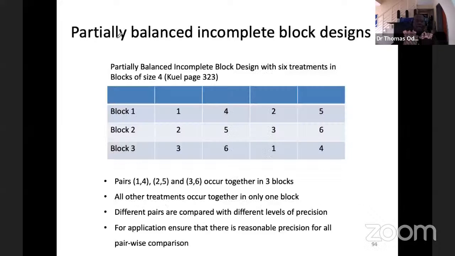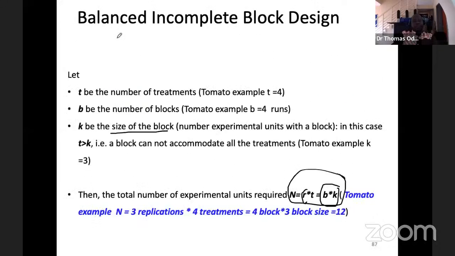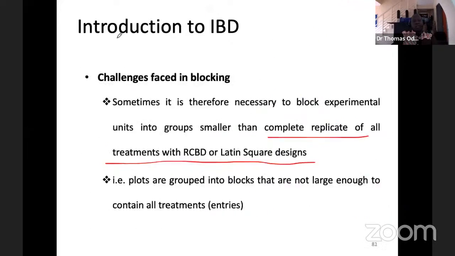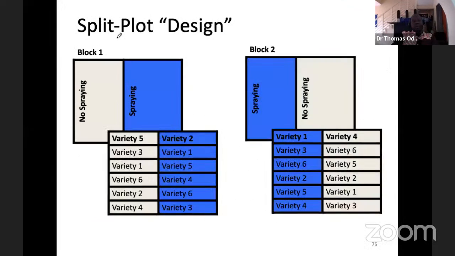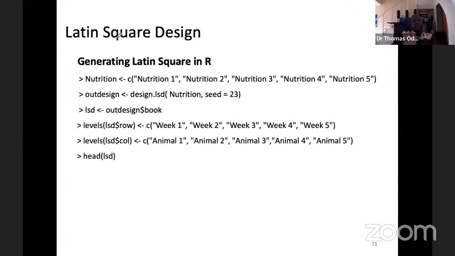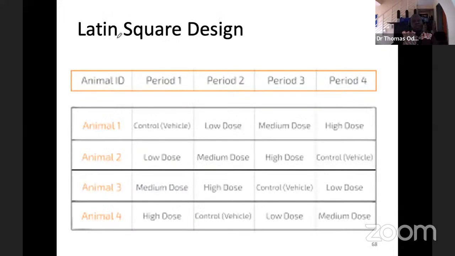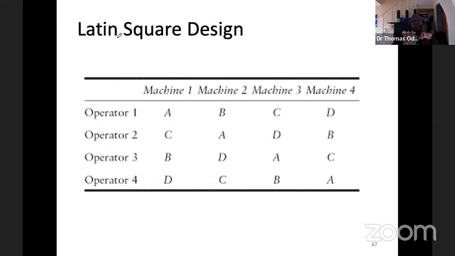So remember in our Latin square, let me go back to the Latin square. Yeah, so this is a Latin square. Remember here, we have 4 rows. We also have 4 columns.